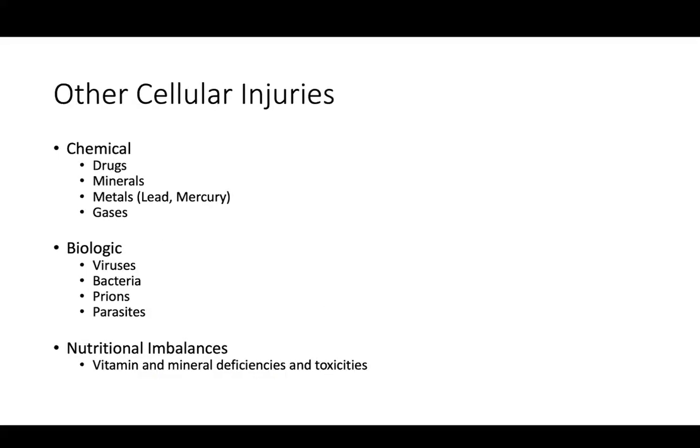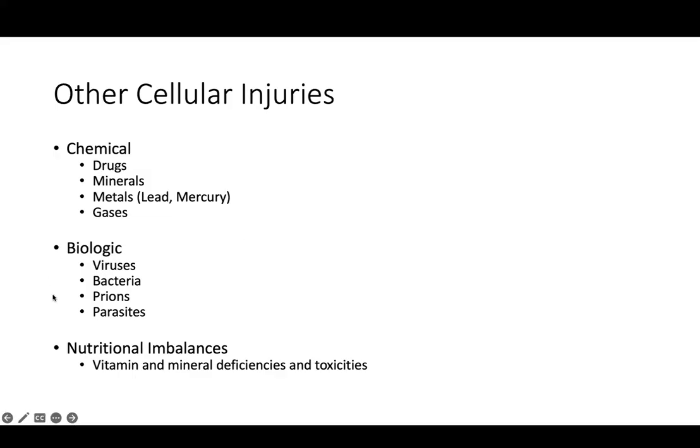There's lots of other types of injuries we can have as well. There's chemical injuries, so medications, drugs that are taken can injure the body. Different minerals, so even supplements can cause injuries. Metals, lead, mercury. These are all things that can accumulate in the body. Even gases can be dangerous. Like if you think about carbon monoxide, that's going to lead to injuries.